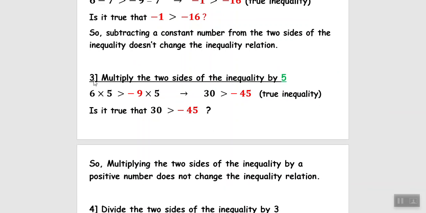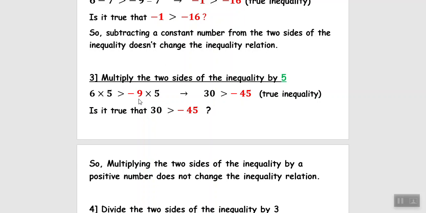Let us see if we multiply the two sides of the inequality by a constant number, which is a positive number. Let's see 5. If we multiply the two sides of the inequality by 5, the left side has 6. 6 by 5 equals 30.